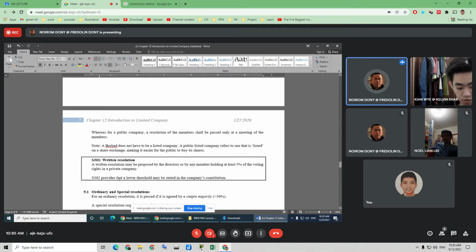Section 302 provides that a lower threshold may be stated in the company constitution. So not only 5%, but a lower threshold can be used, but it must be stated in the company constitution. That is one of the conditions. All right, so if it's not stated in the constitution, then we follow the general rule, which is at least 5% of the voting rights.